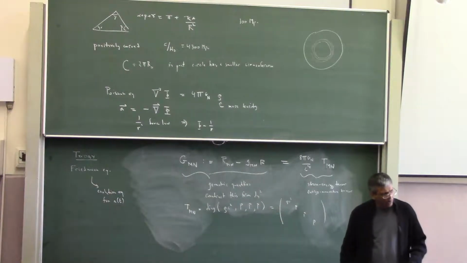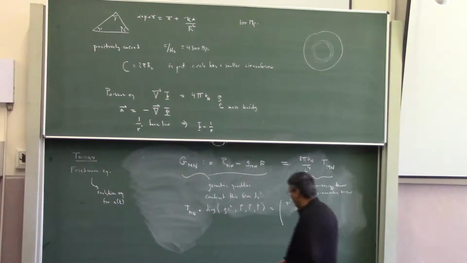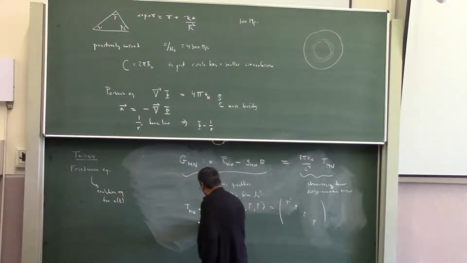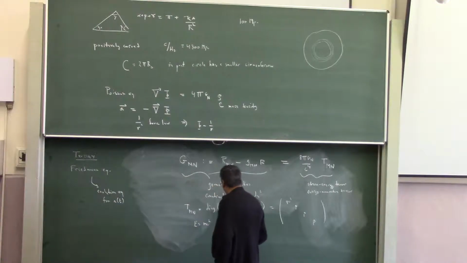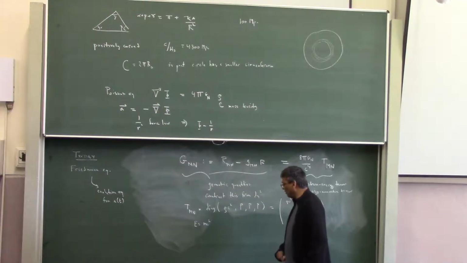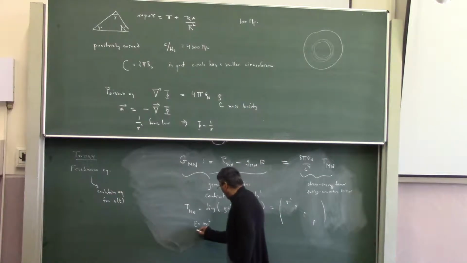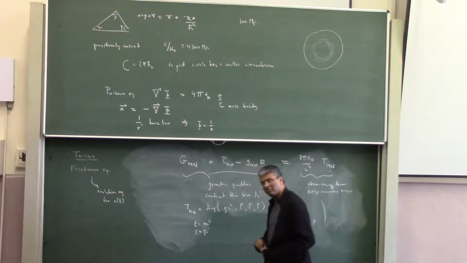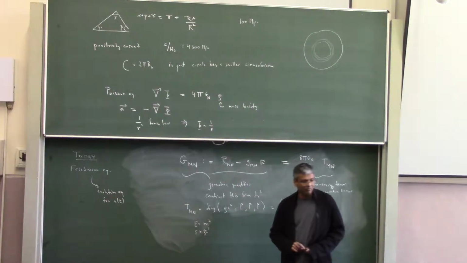Now, let's look at the units here. So we know that E equals mc squared. We can make an energy density out of a mass density by just multiplying by c squared. Okay, so this is energy per unit volume.